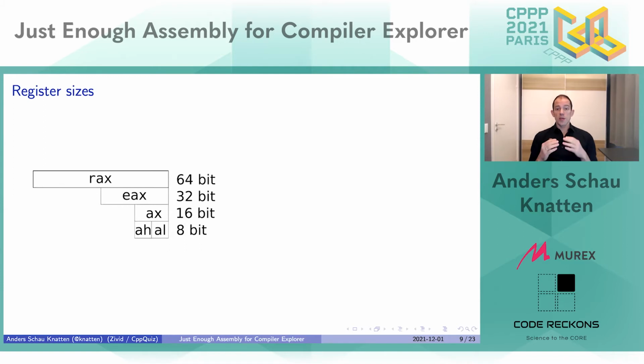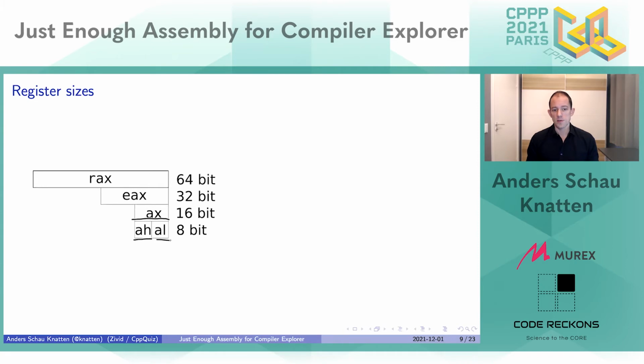Right, so before we continue with the next example, I just want to say a few things about register sizes. On x86-64, all the registers are 64 bits, but we can also use smaller parts of them. Originally on the 8086, you had 16-bit registers, AX, BX, CX, etc. But you could also address just the high and low parts, AH for high and AL for low.